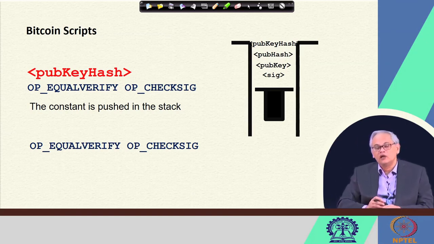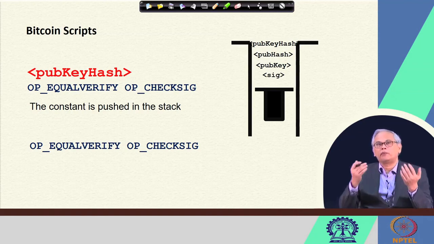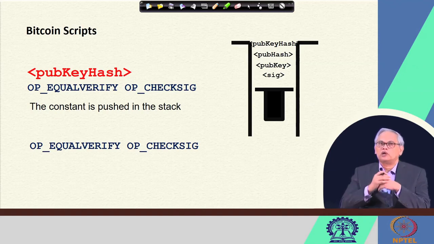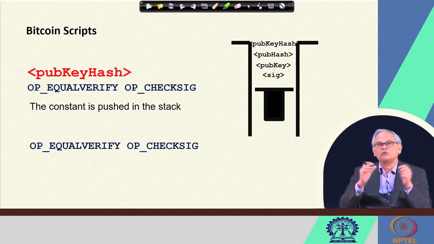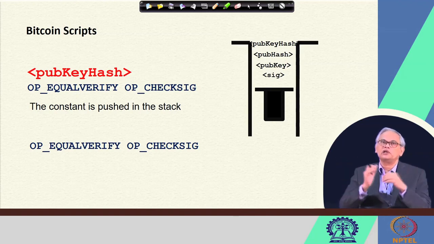So, what we have in the stack is the SIG, the pub key, and the pub hash, which was obtained by taking hash of the pub key which was at the top of the stack above this pub key that you can see here. And now this pub key hash which was there as part of the script has been pushed to the stack.